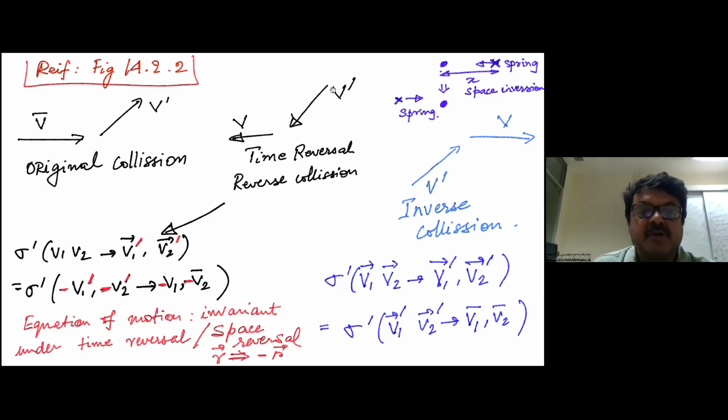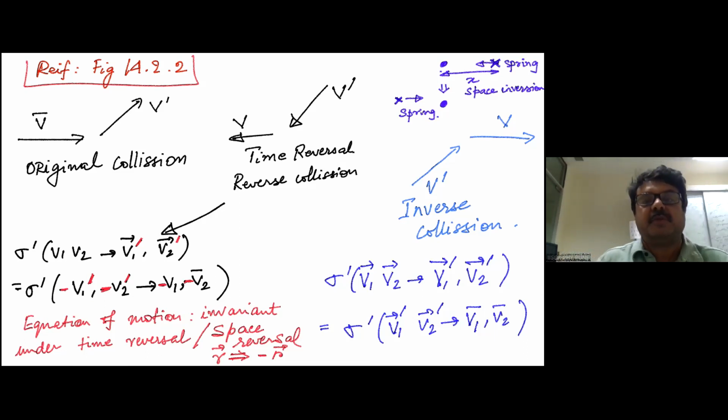Under time reversal, it will basically come back. It will just retrace its path. So the relative velocity will be V dash, and they're going to go out with velocity V, because each path is retracing its previous path.